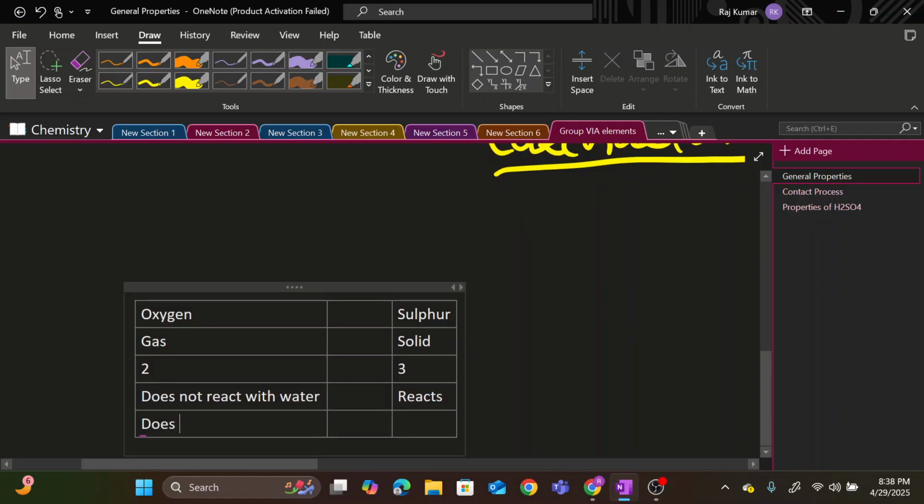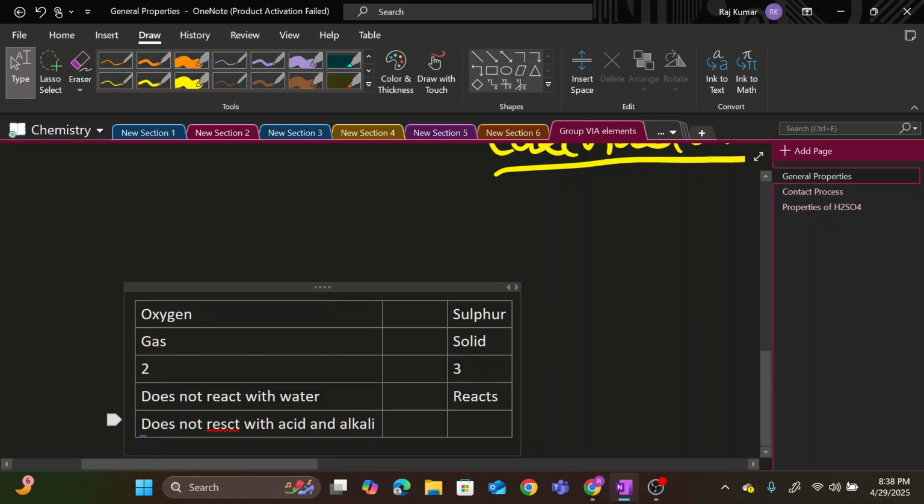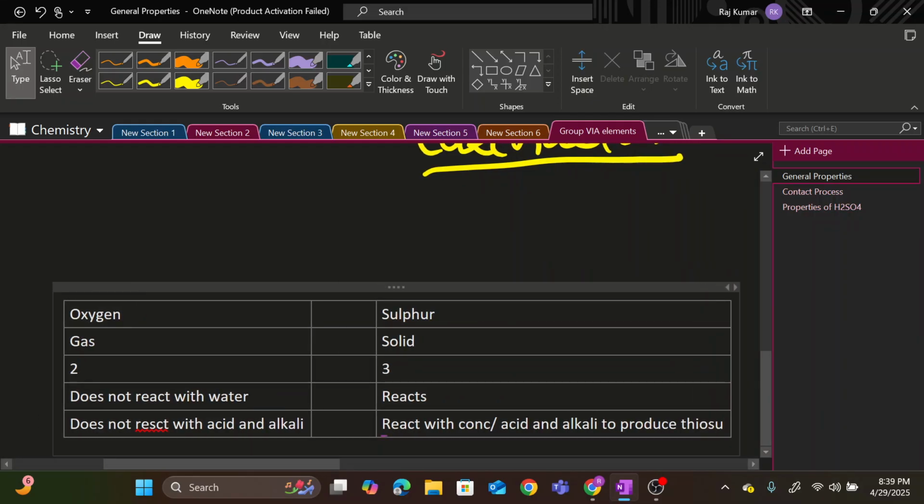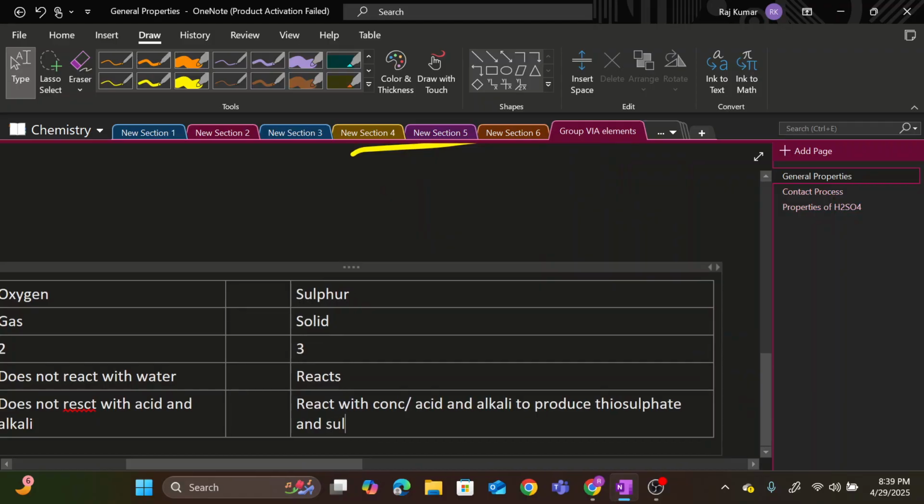Oxygen does not react with acid and alkali, but sulfur does react with concentrated acid such as sulfuric acid or nitric acid, and it can react with alkali to produce thiosulfate and sulfide.